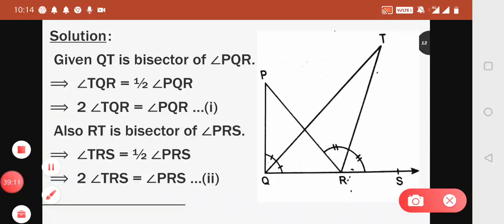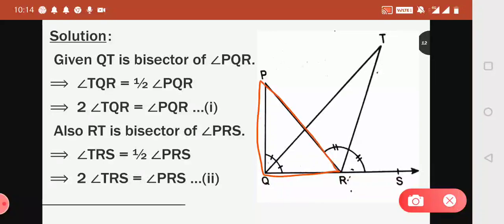Then we use the exterior angle theorem for our proof. First we select triangle PQR. Now when we select this, we get angle PRS as the exterior angle, which will be equal to the sum of angle QPR plus angle PQR, these two angles. Then we will mention the value of PQR.